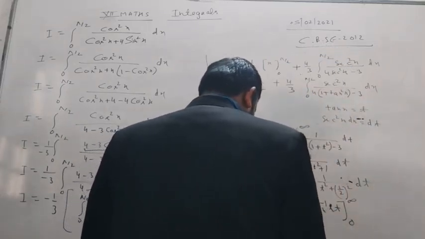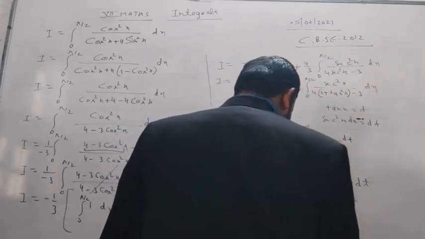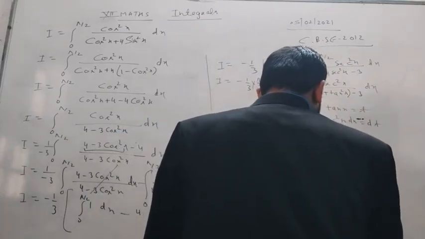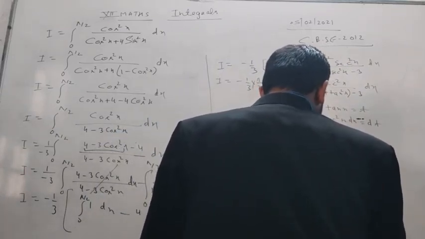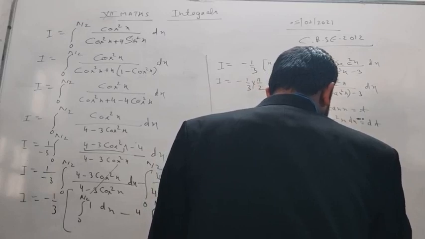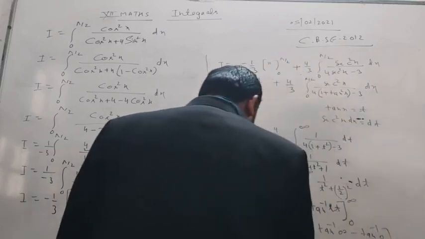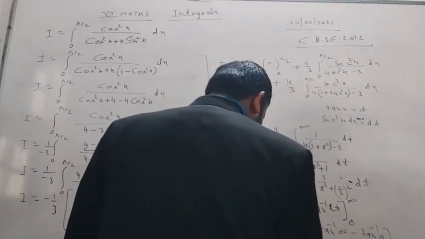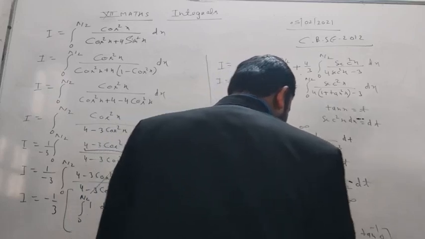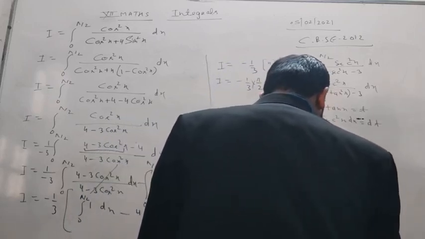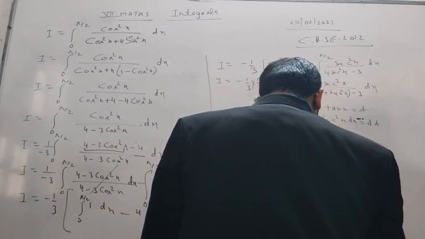So minus 5 by 6 plus 1 by 3 into 2 students, and here we write tan inverse not defined minus tan inverse 0. So this is minus 5 by 6 plus 2 by 3, and this is pi by 2, and this is 0.